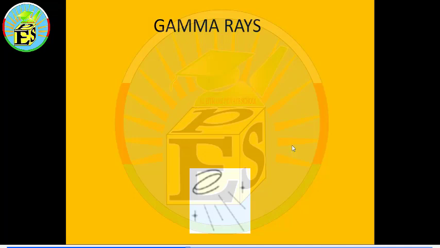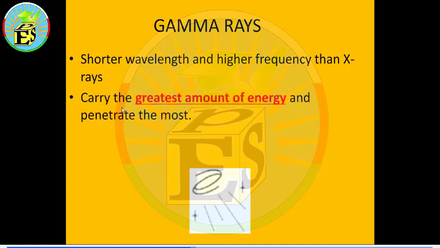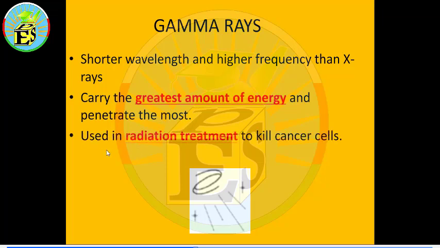Gamma ray has the shortest wavelength and highest frequency, higher than X-rays, and has the highest energy. It carries the greatest amount of energy and penetrates the most. Used in radiation treatments to kill cancer cells.